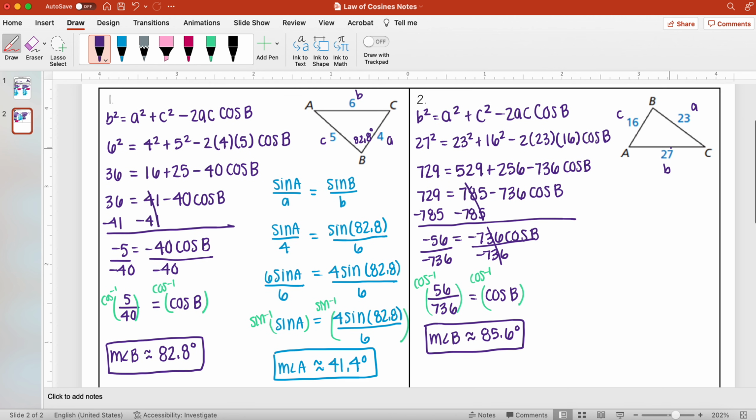So now that I have measure of angle B, I can go ahead and find another angle. It doesn't matter which one you choose, A or C. I'm just going to go ahead and go with angle C since we did A last time.